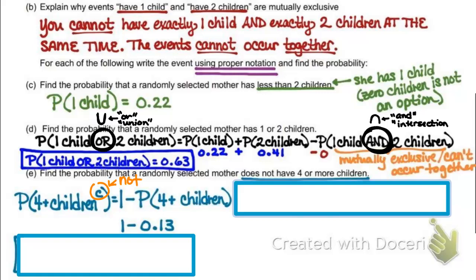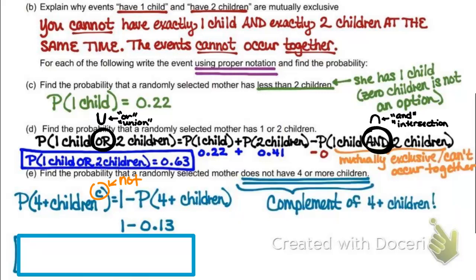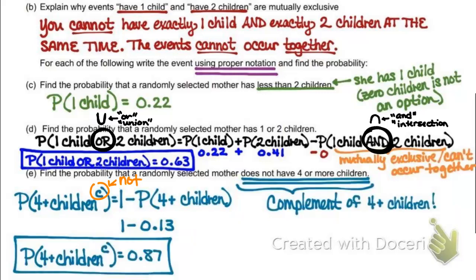So we're doing 1 minus 0.13, and we get 0.87. Anytime you see that not, we're looking at the complement. And the way you find the complement is always 1 minus the probability that it is. So far, so good?